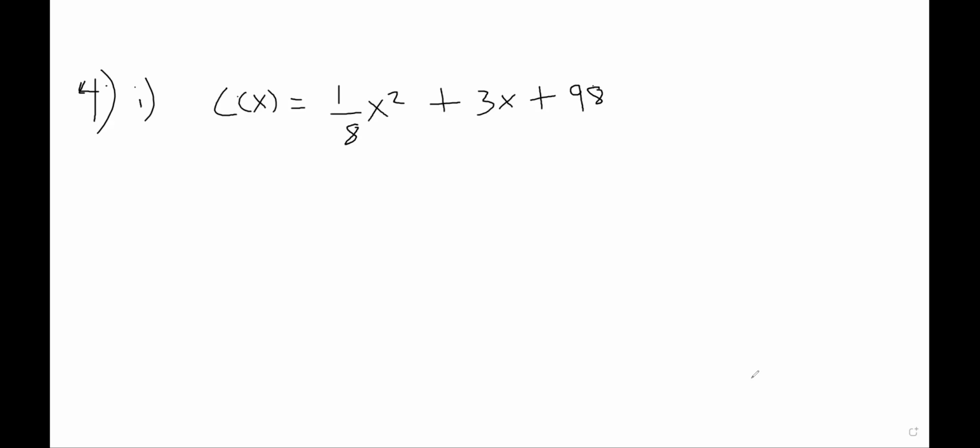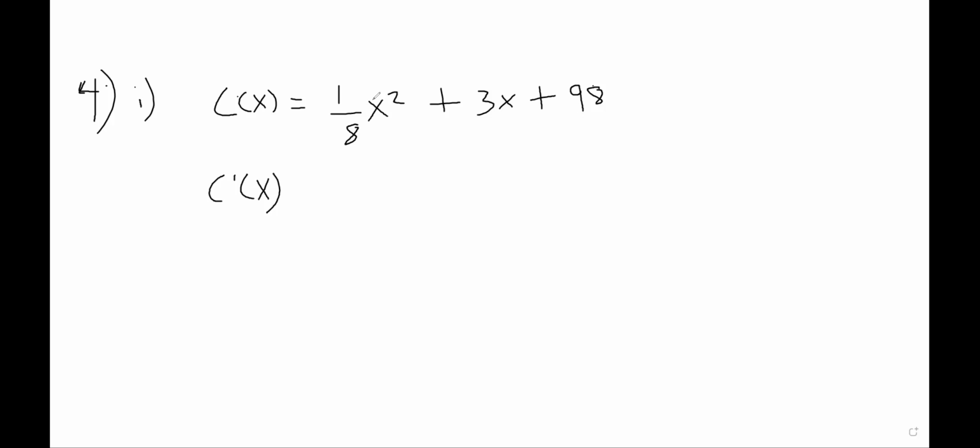The marginal cost of a function in this case is the differential of the function. So our C prime of x, C differential x. So I can find the differential of the function above, right? So we have 1/8 x squared. We're just gonna carry down the power, same thing we've been doing, and minus 1 from the power.